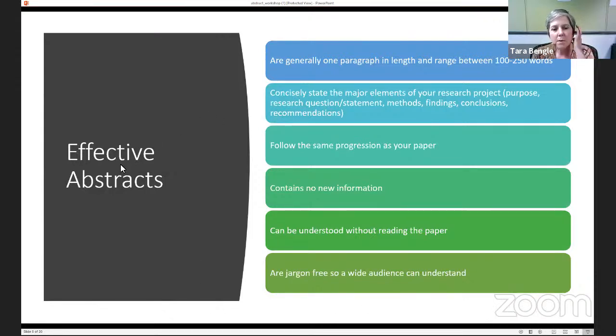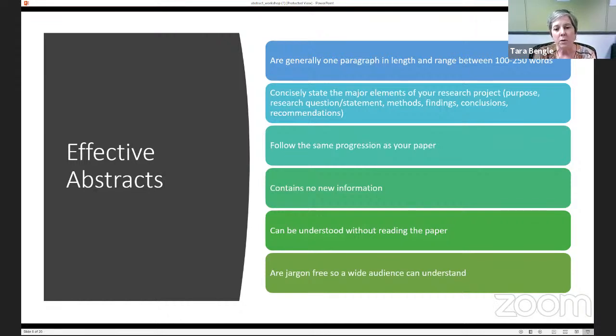So here are some characteristics of effective abstracts. They are generally going to be one paragraph in length. They might range from 100 to 250 words. Those limitations will oftentimes be set by a conference, if that's where you're submitting your abstract for review, or a journal article. They will oftentimes set that word limit.